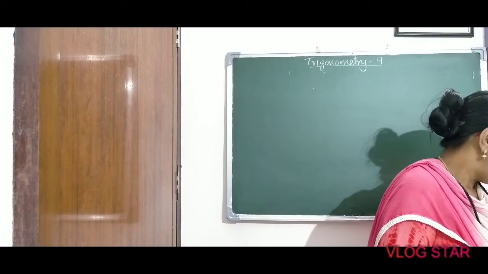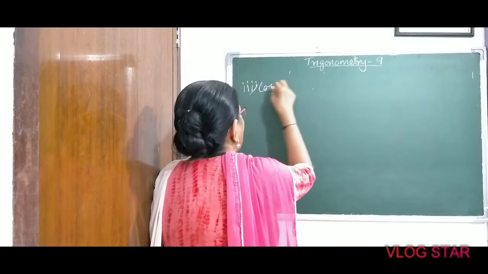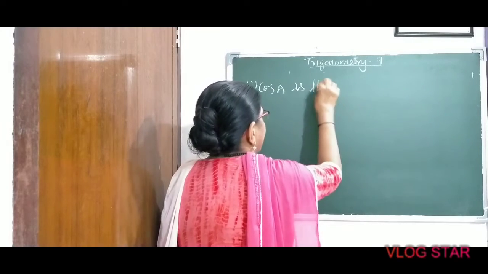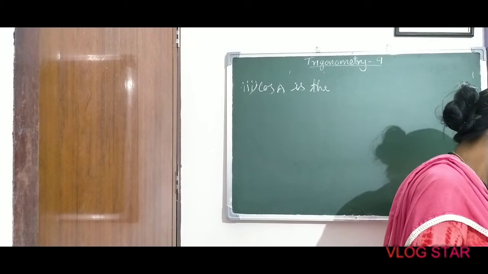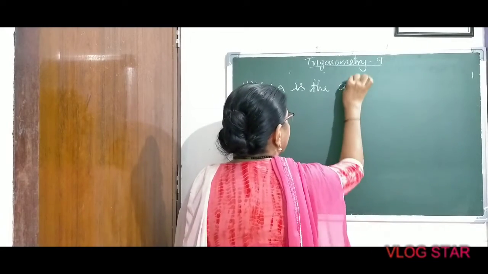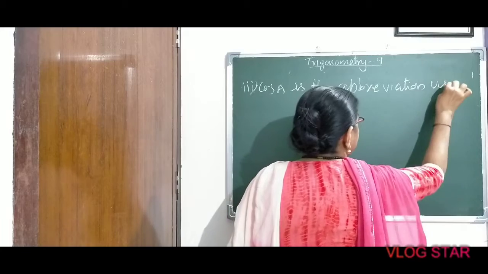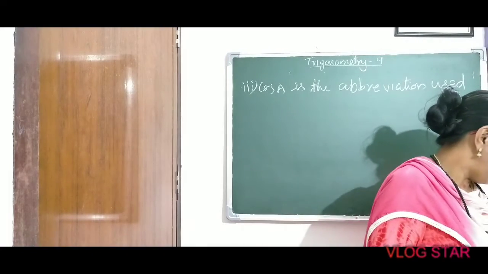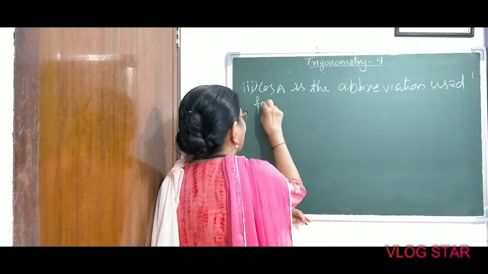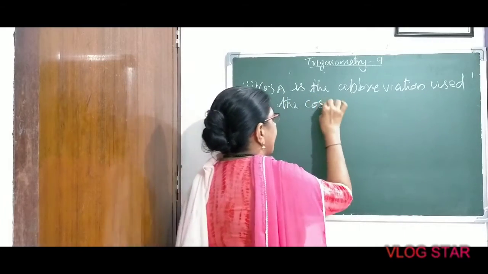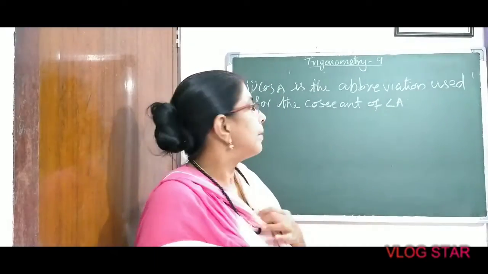The third statement: cos A is the abbreviation used for the cosecant of angle A. Abbreviation means the short form.